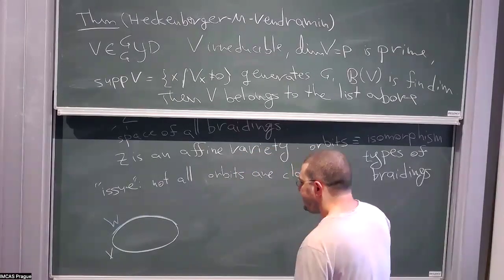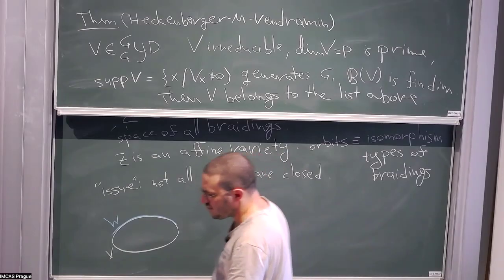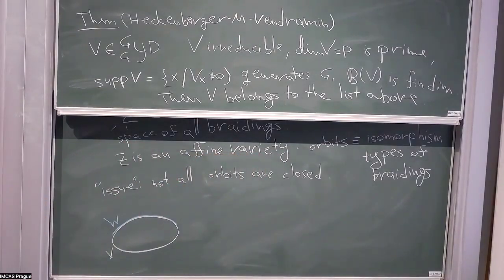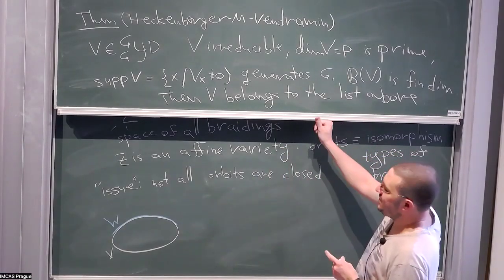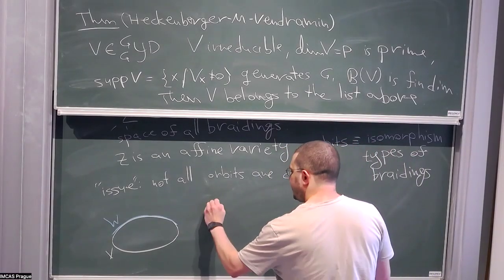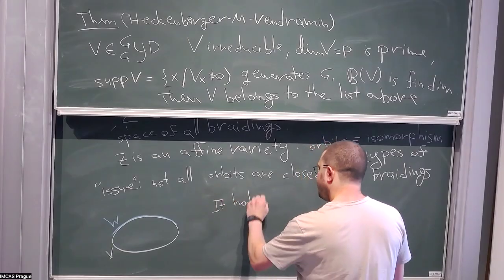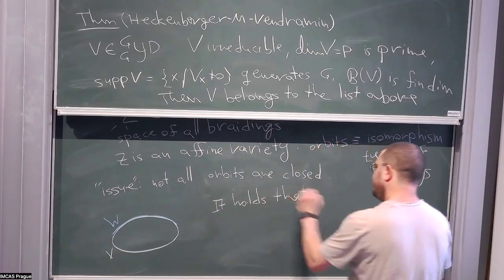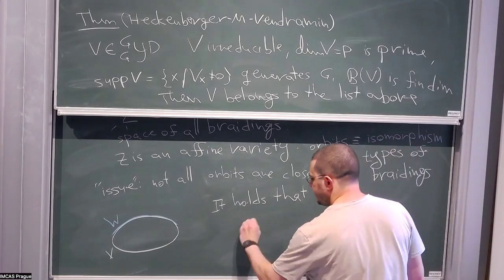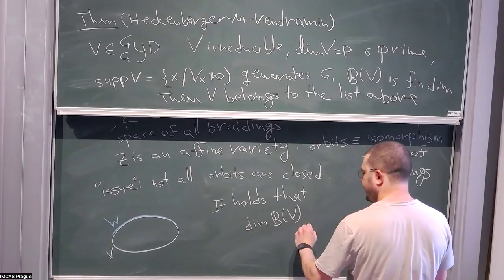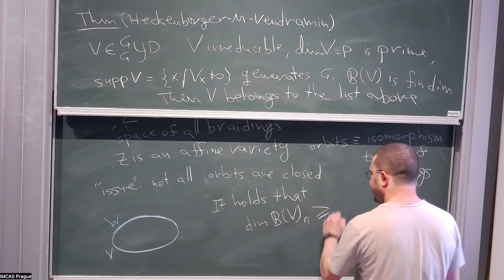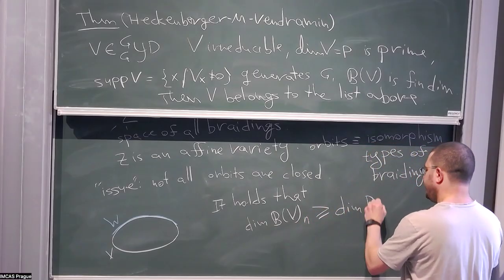Okay, so here's a fun fact that follows from one of the definitions that we have for the Nichols algebra, a definition that I didn't write, but was in the previous talk. It holds that the dimension of B(V)_n is bigger than or equal to the dimension of B(W)_n.